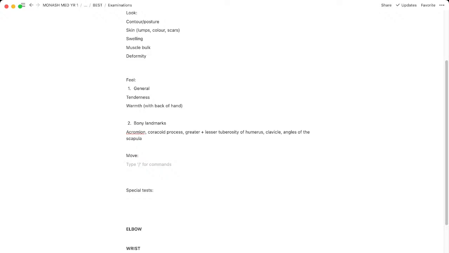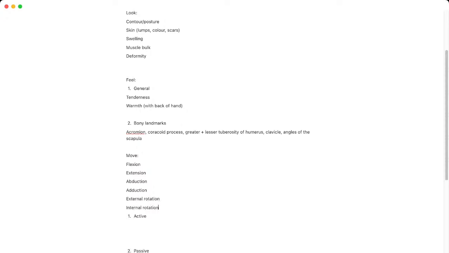I guess active, passive, and special. Active movements. So in general, what can you do with the shoulder? Generally, you can do flexion, extension, abduction. Because you can do everything. External rotation, internal rotation. Active, you just get them to do it, I guess.